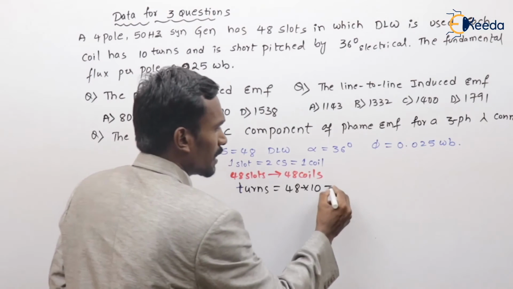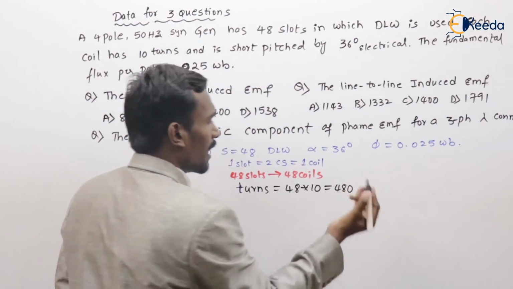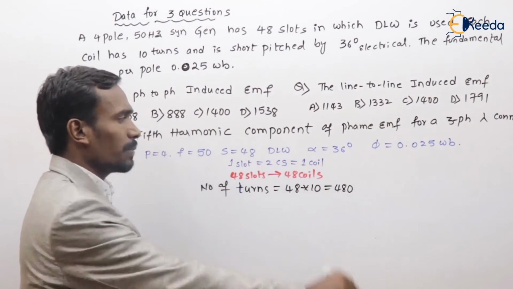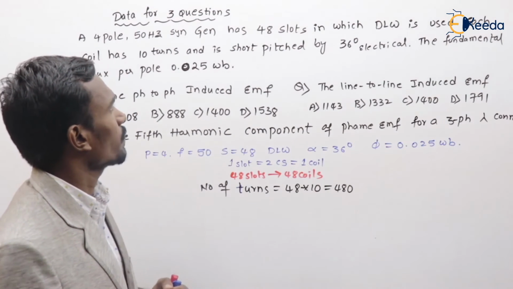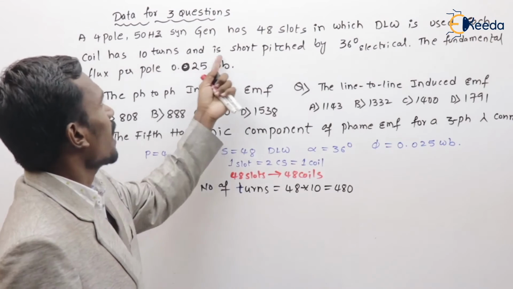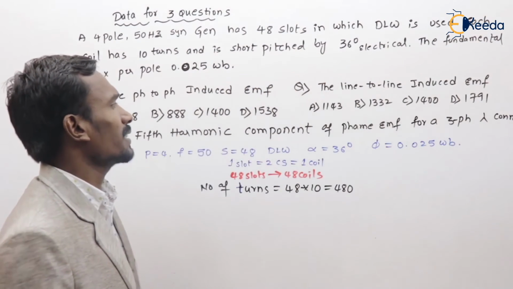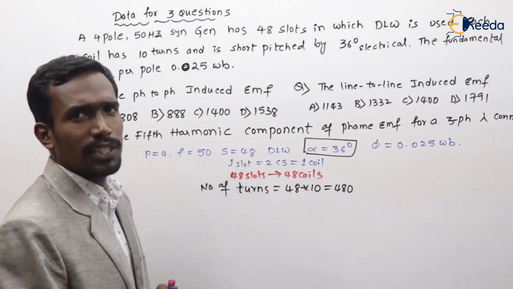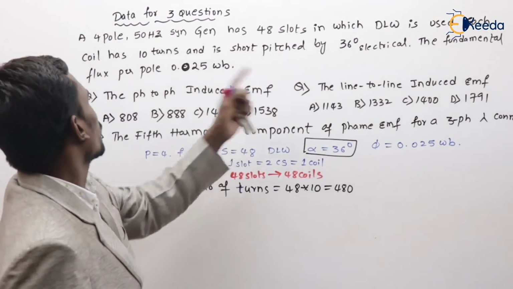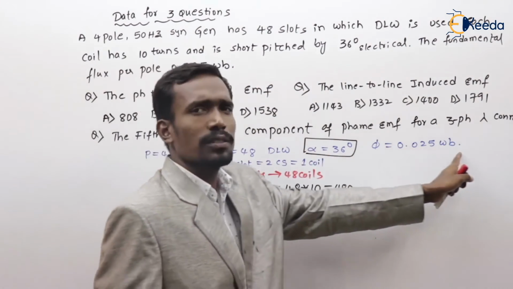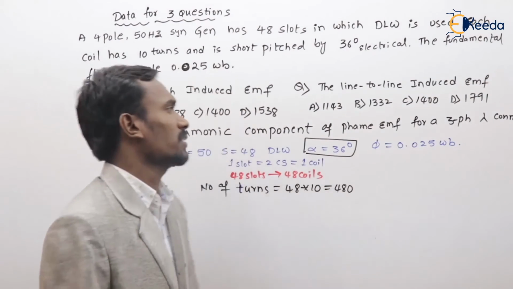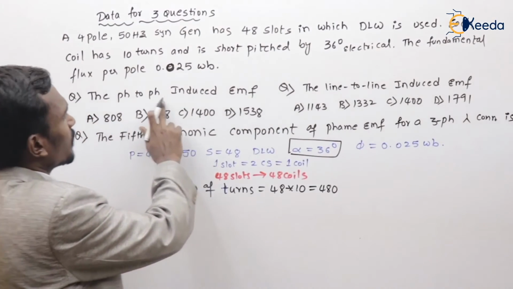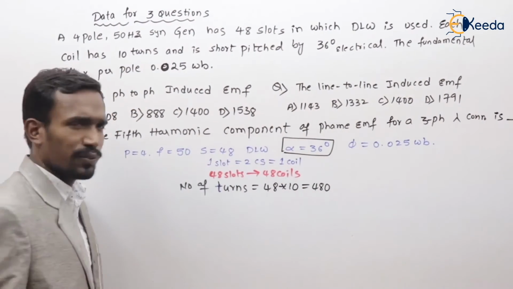So what is the answer? 480 turns. The number of turns is 480, and it is short pitched by 36 degrees electrical. The fundamental flux per pole is 0.025 Webers. Then find the phase-to-phase induced EMF.